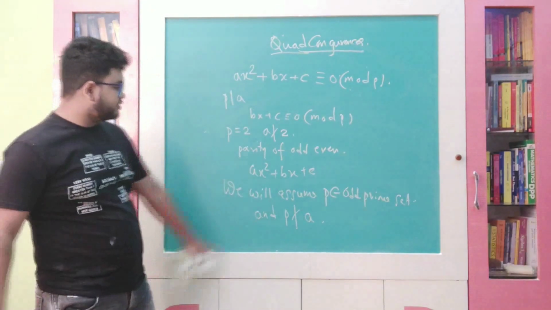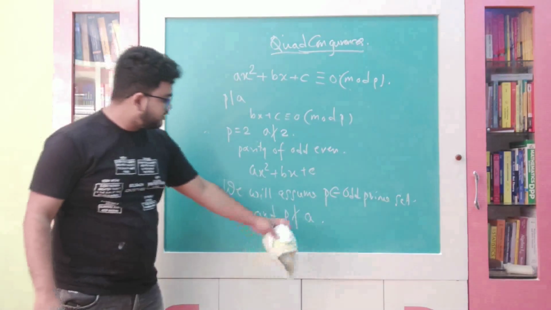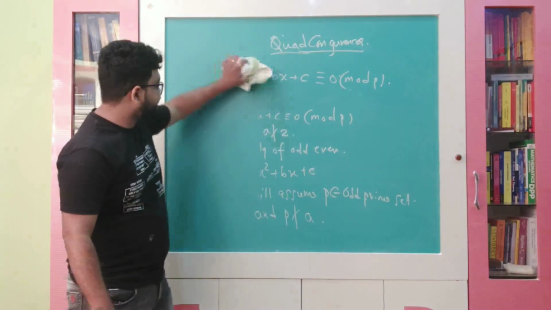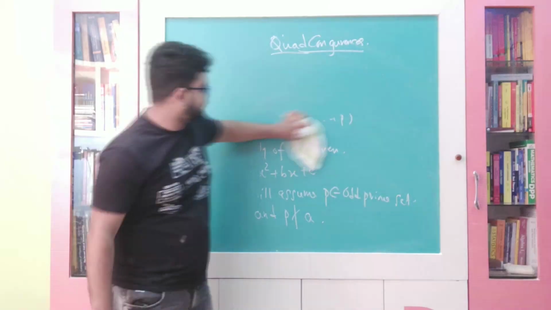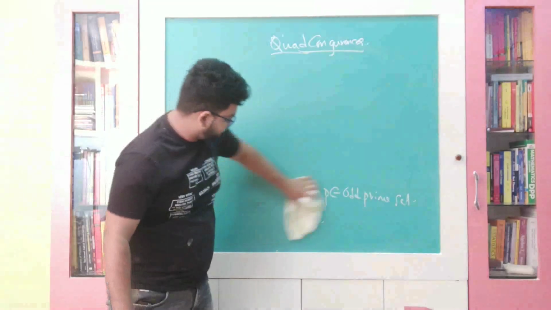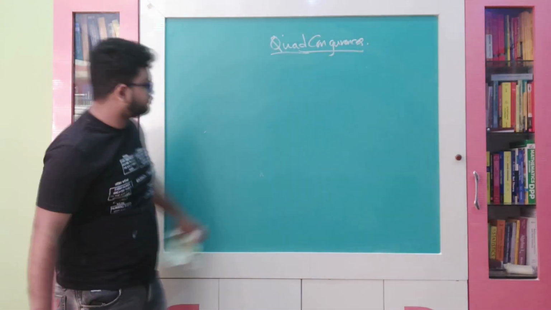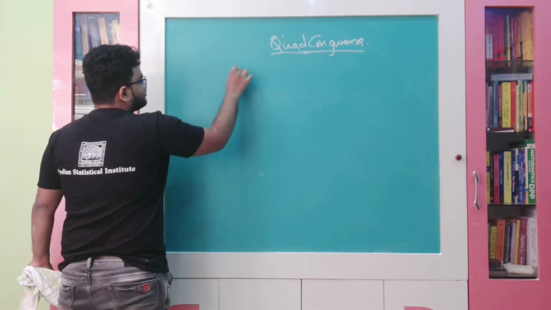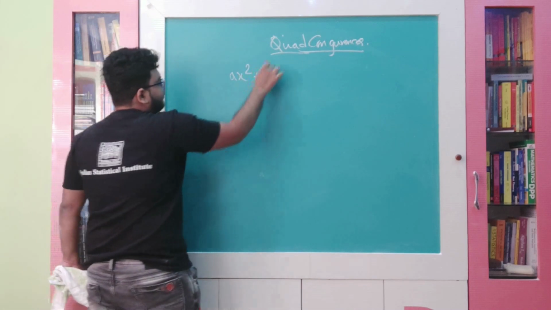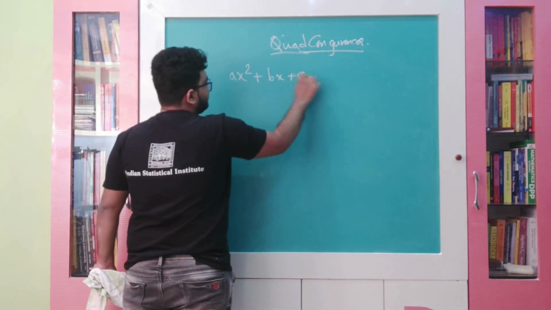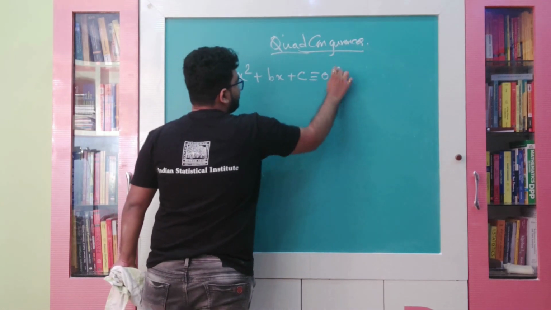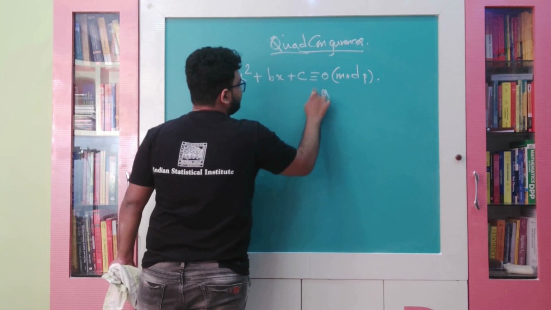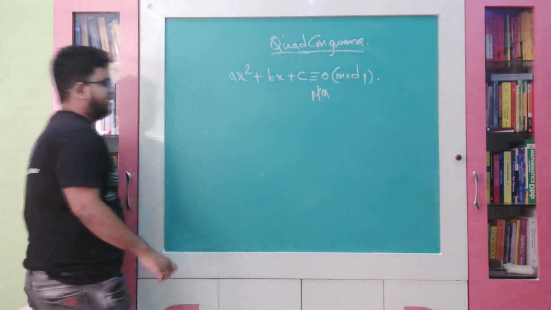So we consider ax squared plus bx plus c congruent to 0 mod p, where p is prime and p does not divide a.